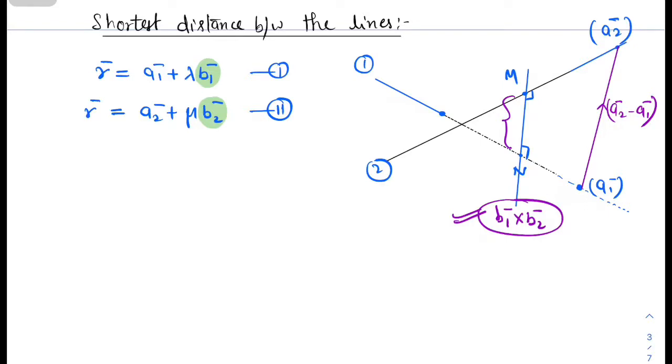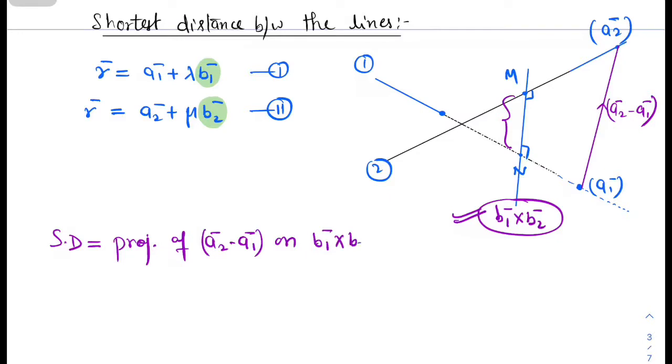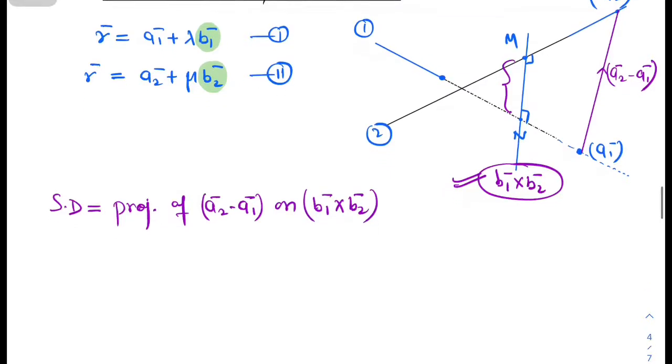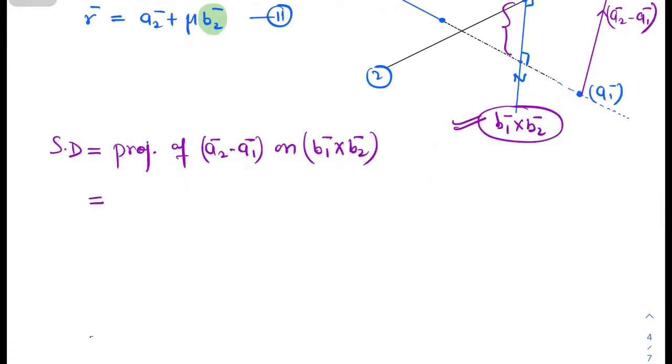So if we take the projection of this vector a2 minus a1 upon this vector b1 cross b2, we will get this shortest distance, and that shortest distance will be, let me write, projection of a2 minus a1 on b1 cross b2. Okay, and you are familiar with the projection thing.